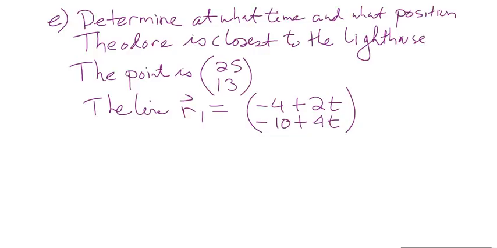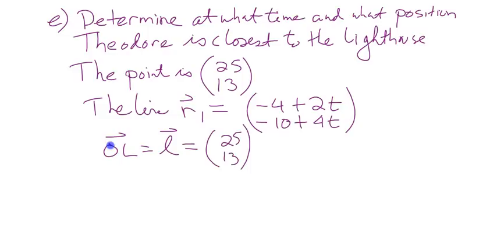Now it's basic, guys. Okay, so OL, which is vector L, right, is 25, 13, right? Okay, just a position vector, okay? Oh, God, I gotta translate now every time.